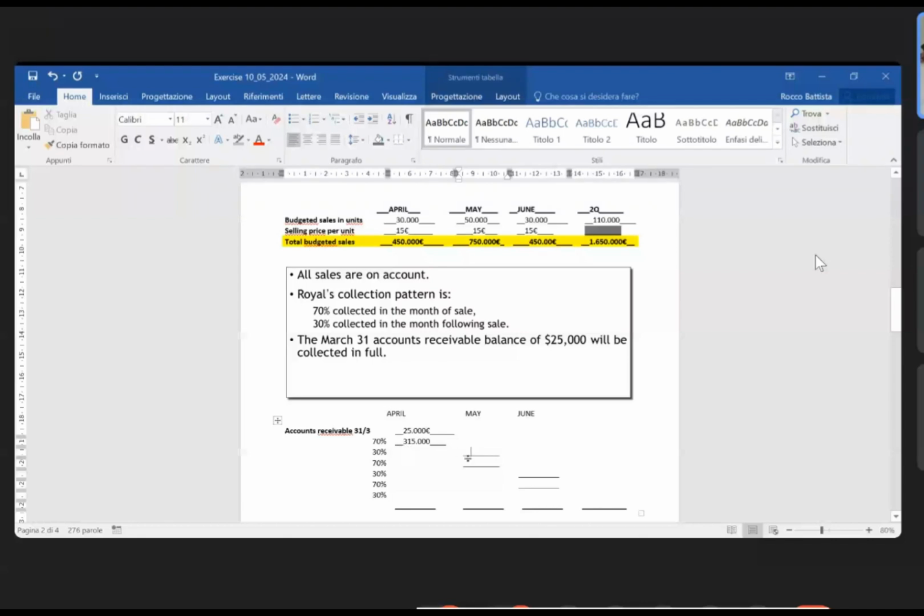In May, we know that we collected 30% of April budgeted sales and 70% of May budgeted sales. So here you have to multiply the total budget sales of April by 30%.